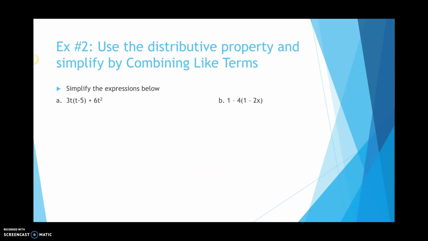Our next set of examples, we're still using the distributive property, but then we're going to combine like terms at the end. Here we have for A, 3t, and in the parentheses t minus 5 plus 6t squared. We first need to distribute this 3t to each term in the parentheses.